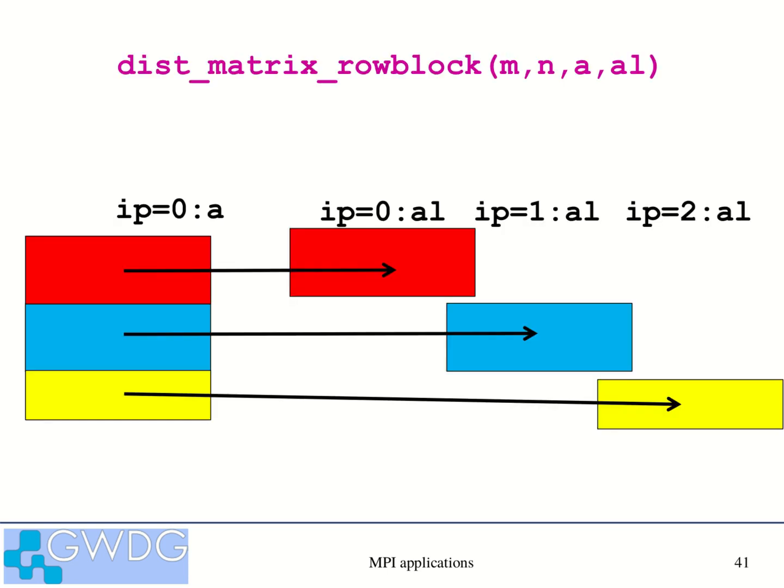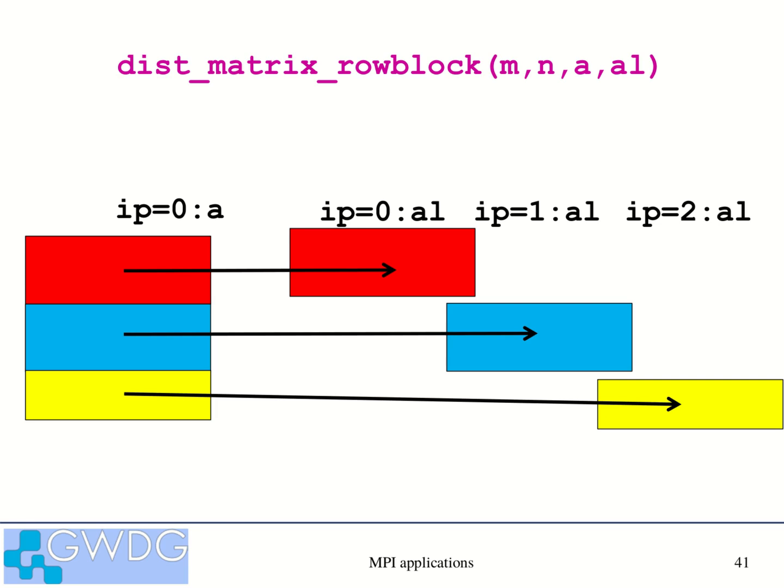You aggregate, but now we have to be careful to do this distribution of the full matrix to all the local parts, the local row blocks, to the different processes. Why is this more difficult? Because in memory all the columns are stored consecutively.